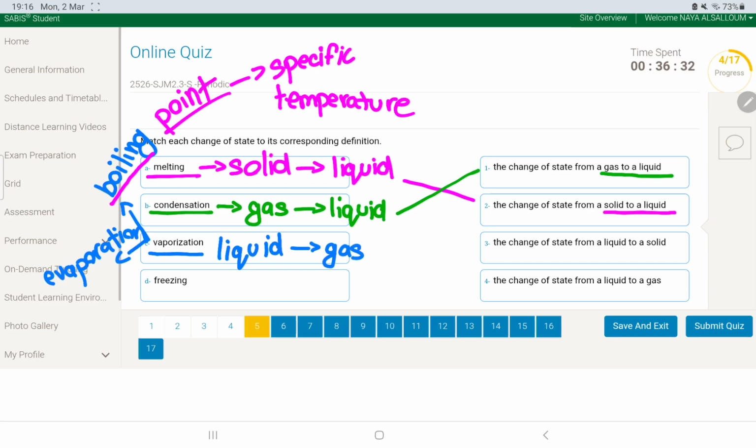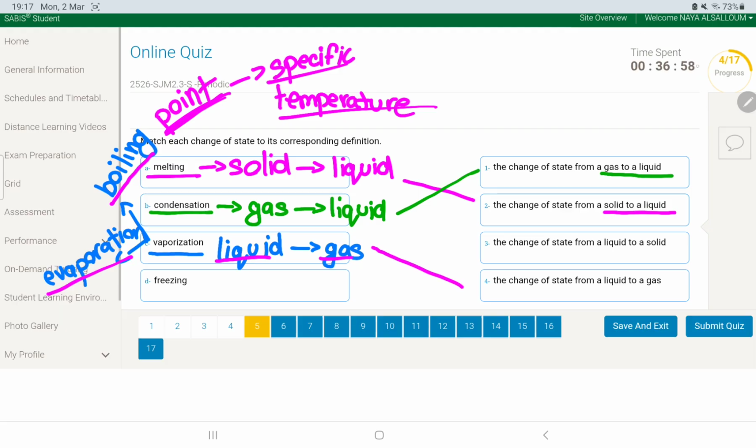So the boiling point, a point is a specific temperature. And evaporation is just when it leaves the surface. But the important thing, specific temperature, it's boiling. We're gonna discuss it more in other questions. But here, the important thing, liquid to gas, liquid to gas.